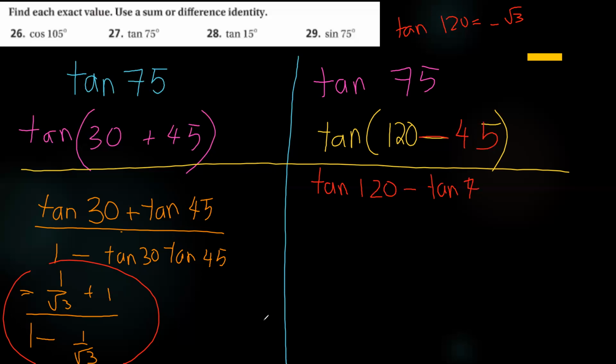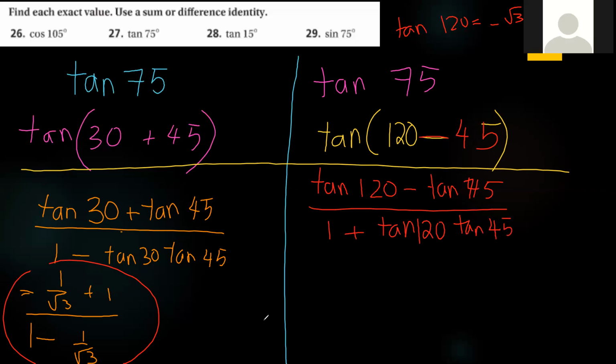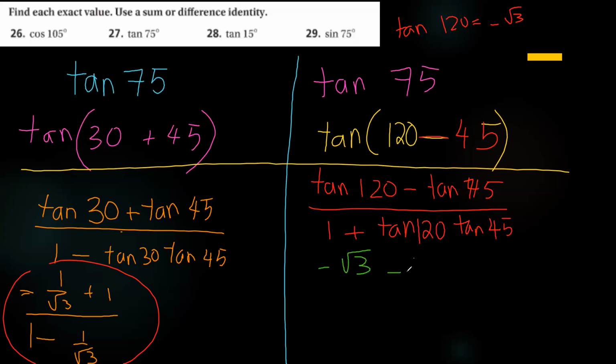Tan of 120 minus tan of 45 over 1 plus, I will change the sign, tan of 120 tan of 45. Then tan of 120, we said it's negative square root of 3, minus 1 over 1 plus negative square root of 3 times 1.